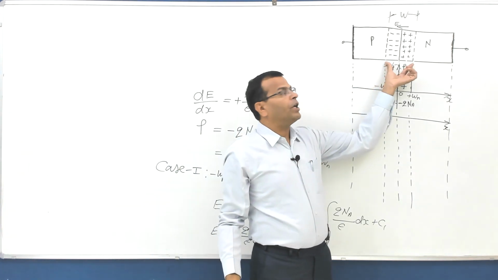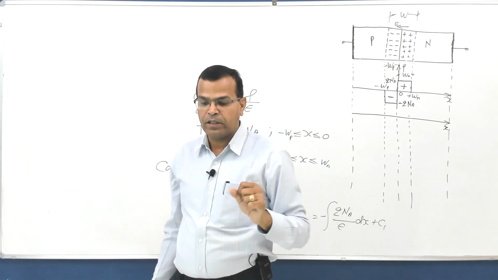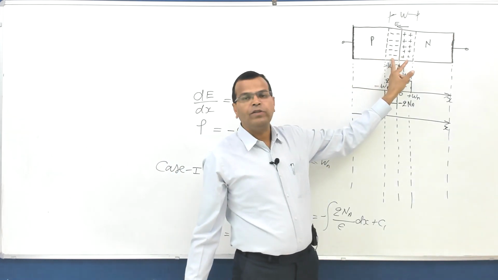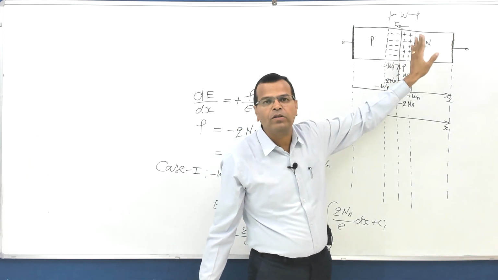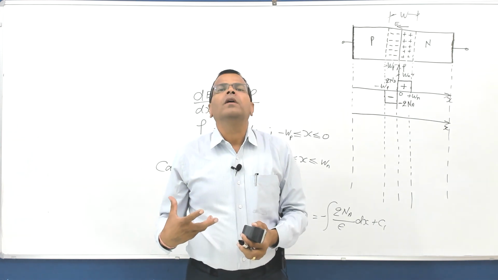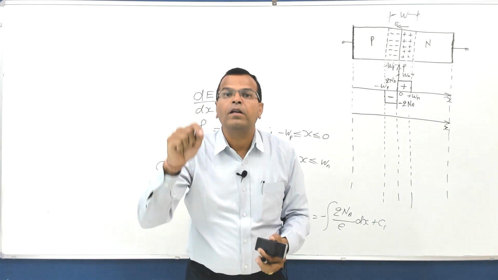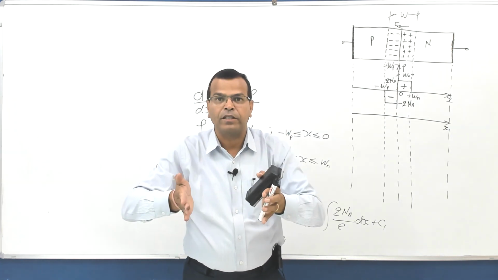Here, this depletion layer is behaving like a parallel plate capacitor, with negative charge on this side, this plate you can say, and positive charge on that side. When it is behaving like a parallel plate capacitor, the electric field exists only between the plates.